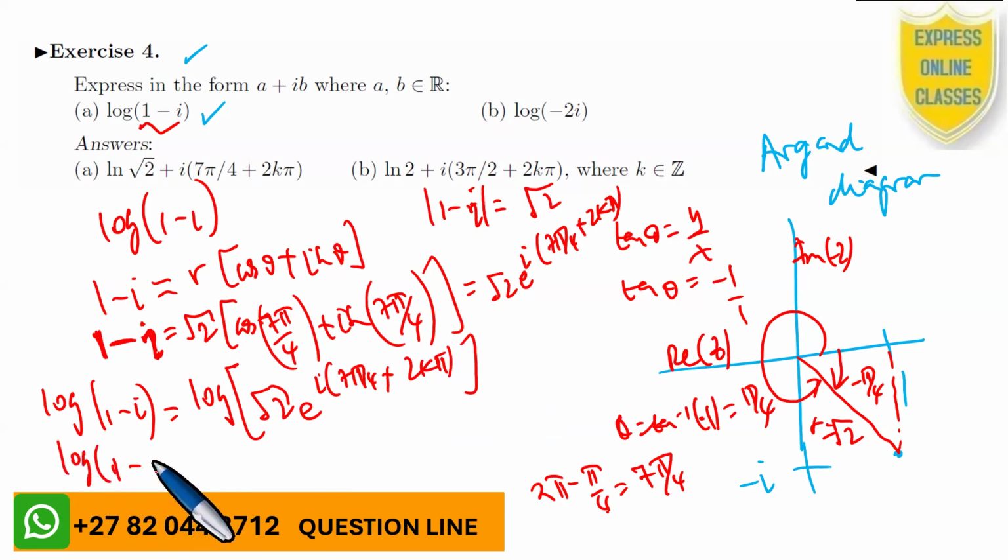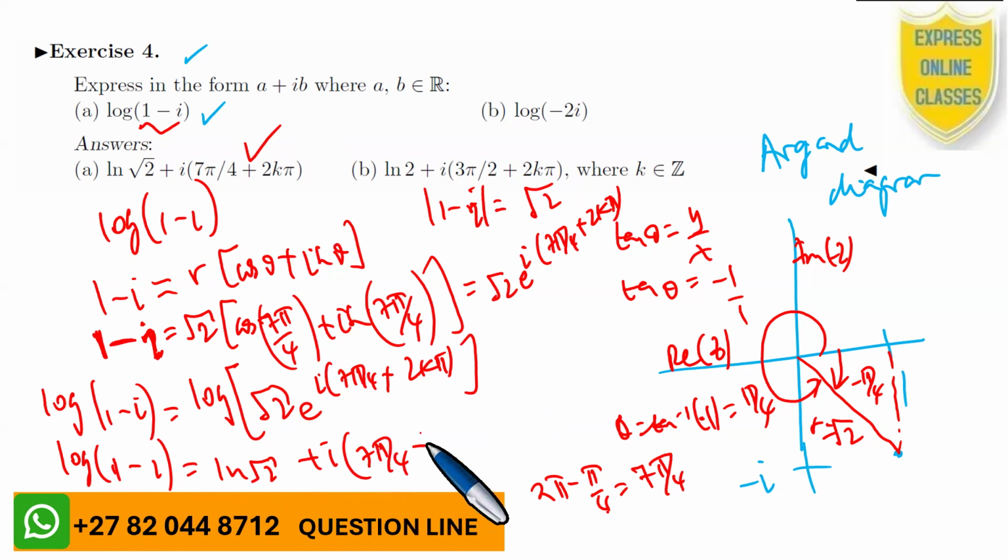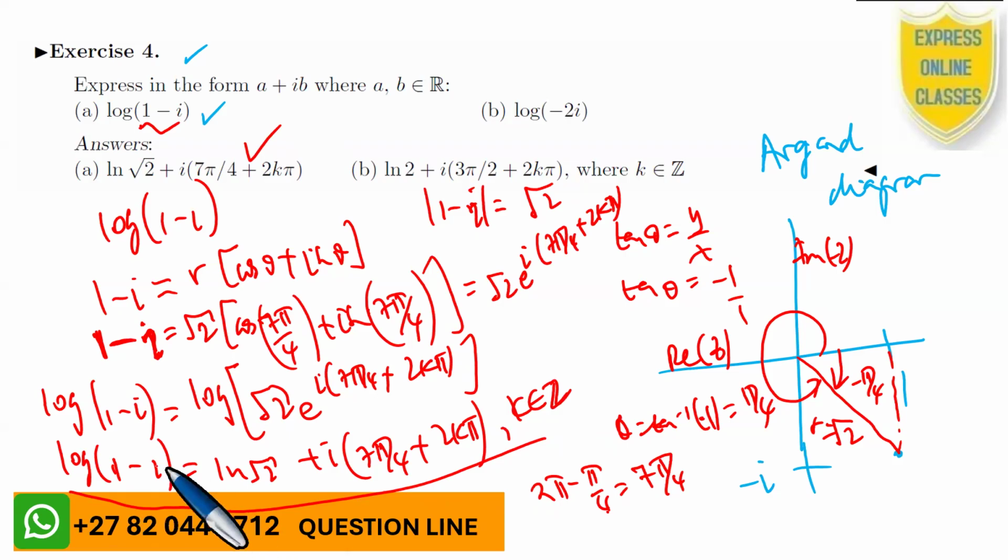So it becomes the ln of the square root of 2 plus i, then you bring down the 7 pi over 4 plus 2k pi, for k an integer. So this is the answer to this. But you can also do this one.